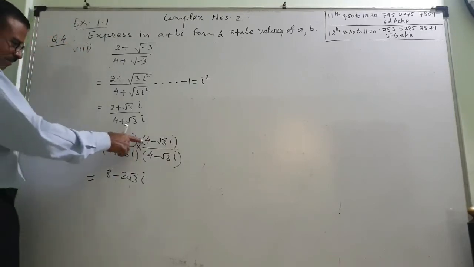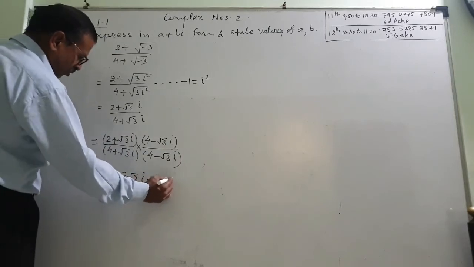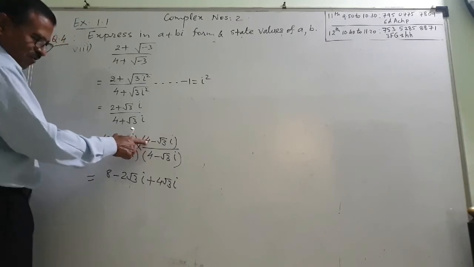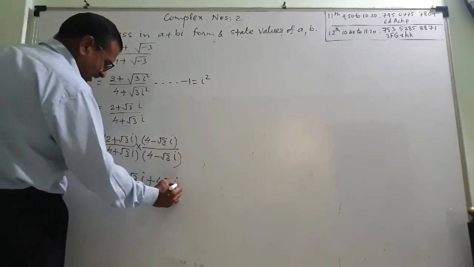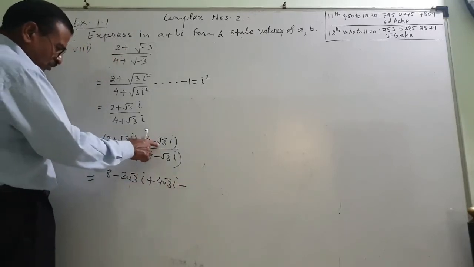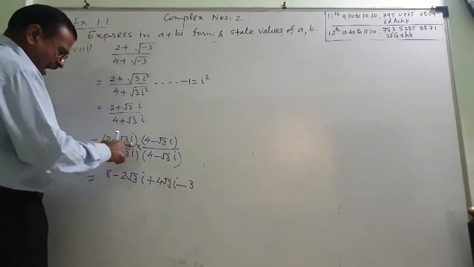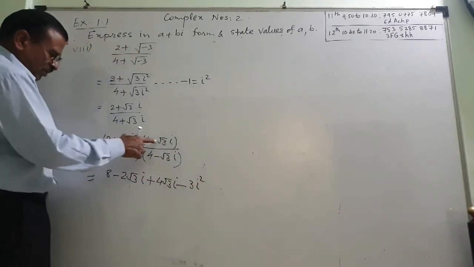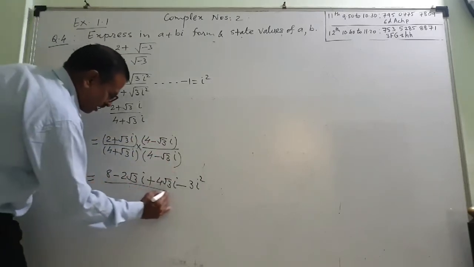Now by this I am going to multiply: plus 4 root 3 i. By root 3 I am multiplying to 4. This minus and this plus, so minus. Root 3 into root 3 is equal to 3, i into i square. See this, root 3 into root 3 is equal to 3 upon.